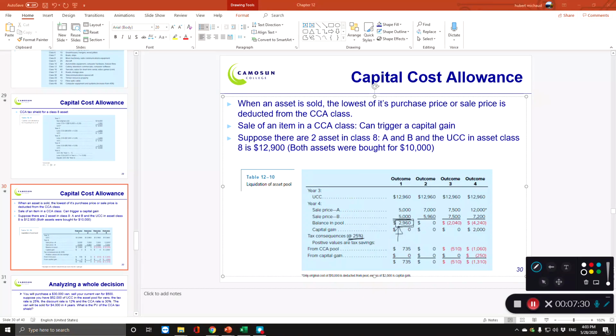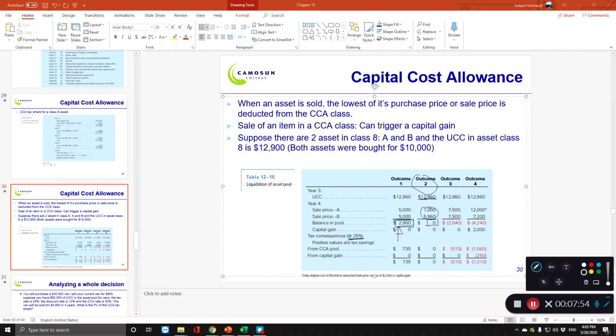Does that make sense? The other thing that could happen, outcome 2, is that I sell my 2 assets exactly at the price that the asset pool is. So I could sell the asset, one for 7,000, one for 5,960. That would give me 12,960, and I would have 0 left in my asset pool. In this case, I don't have any capital gain or capital loss.